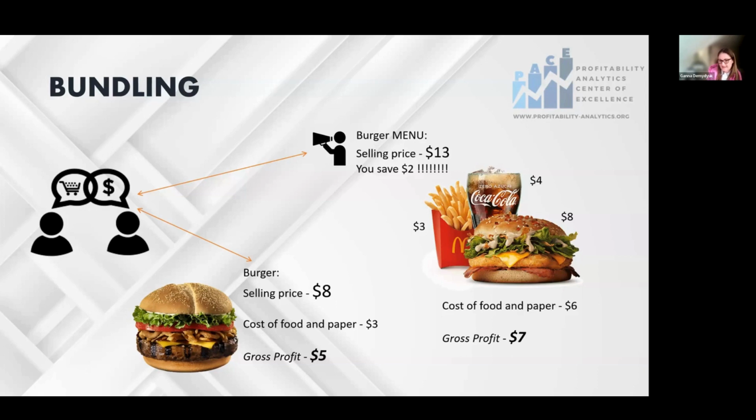In this case, we are discounting $2, but we are still gaining some bucks more in gross profit, and our overheads remain unchanged. This is an example of a bundling approach, where we try to maximize the profit per available customer. Often customers are a constrained resource, not the kitchen and not the seating facilities.